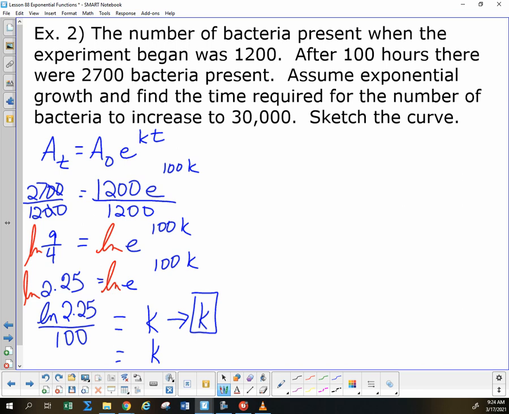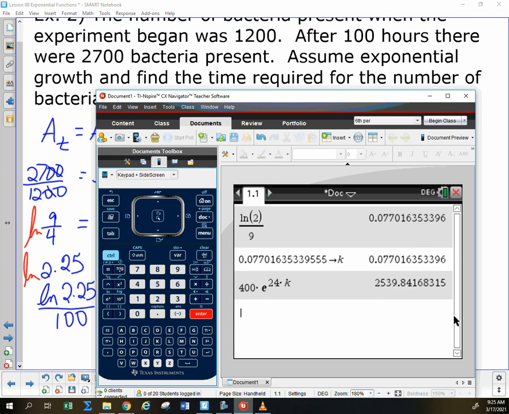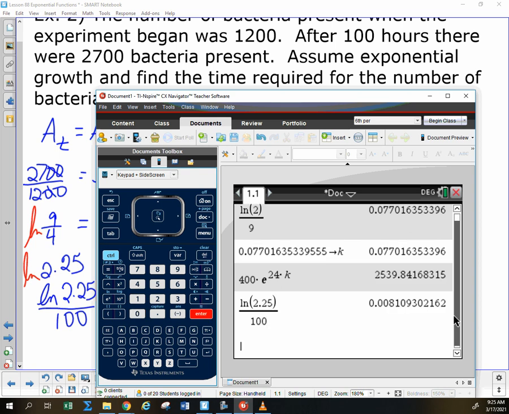Or was there some other problem that I need to help you understand what you did wrong on it? So natural log of 2.25 divided by 100. Down this time. So control divided by, control natural log 2.25 divided by 100. Is that what you guys are getting? 0.008109 and so on.